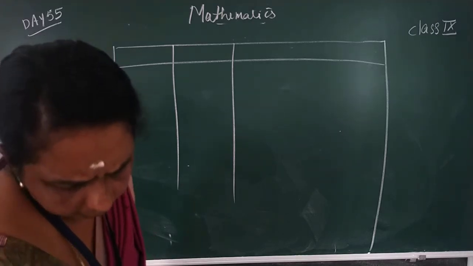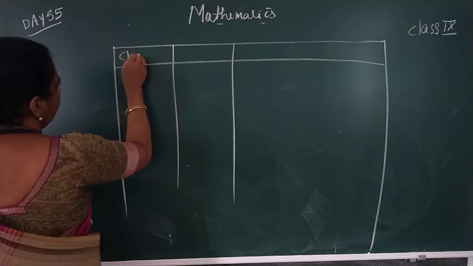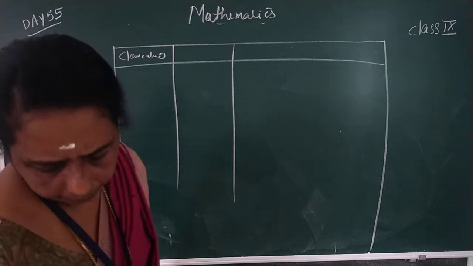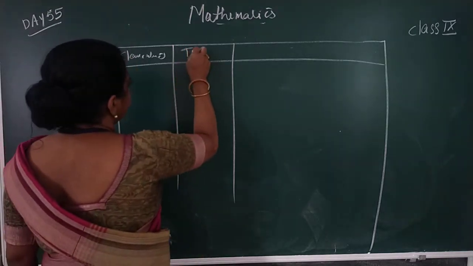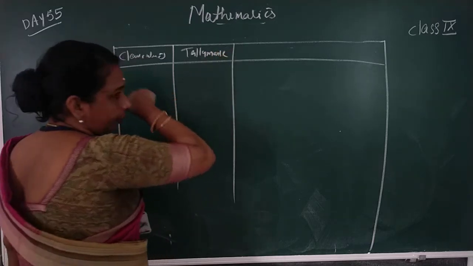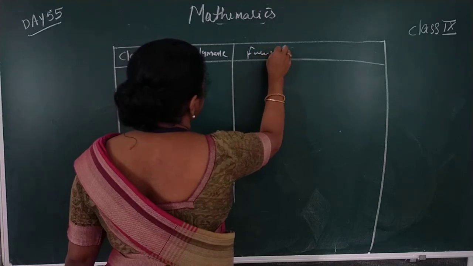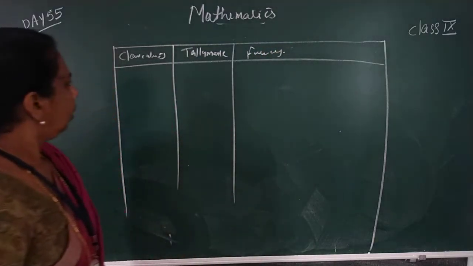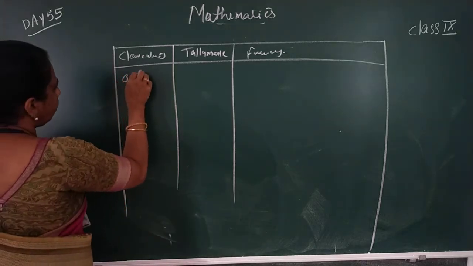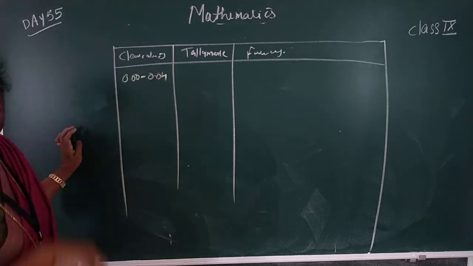Concentration of sulfur dioxide in ppm or class symbol. I am putting here class symbol or concentration of sulfur dioxide in ppm, tally mark, frequency. Class interval is given 0.00 to 0.04.